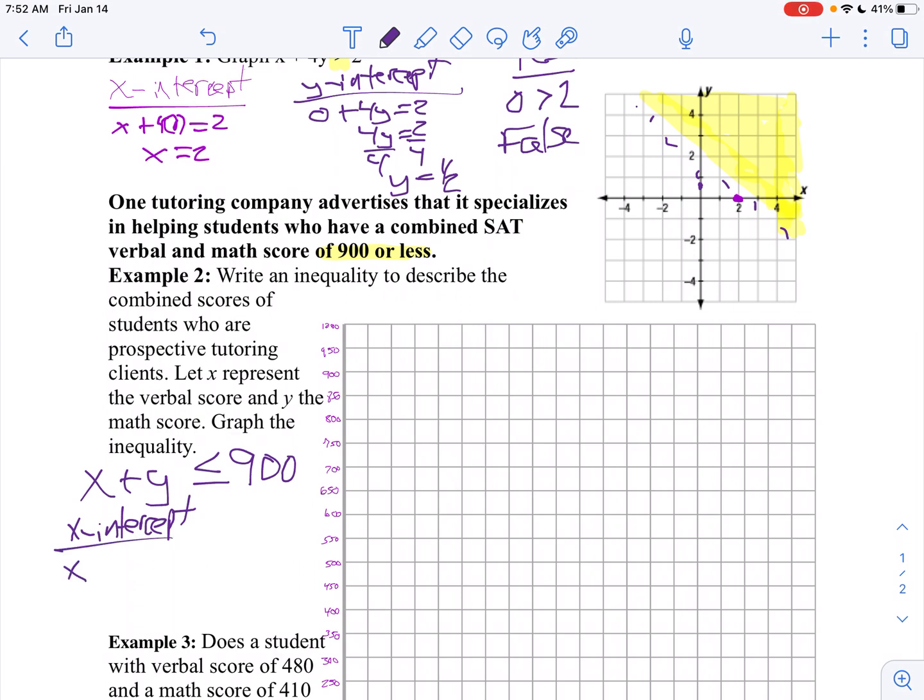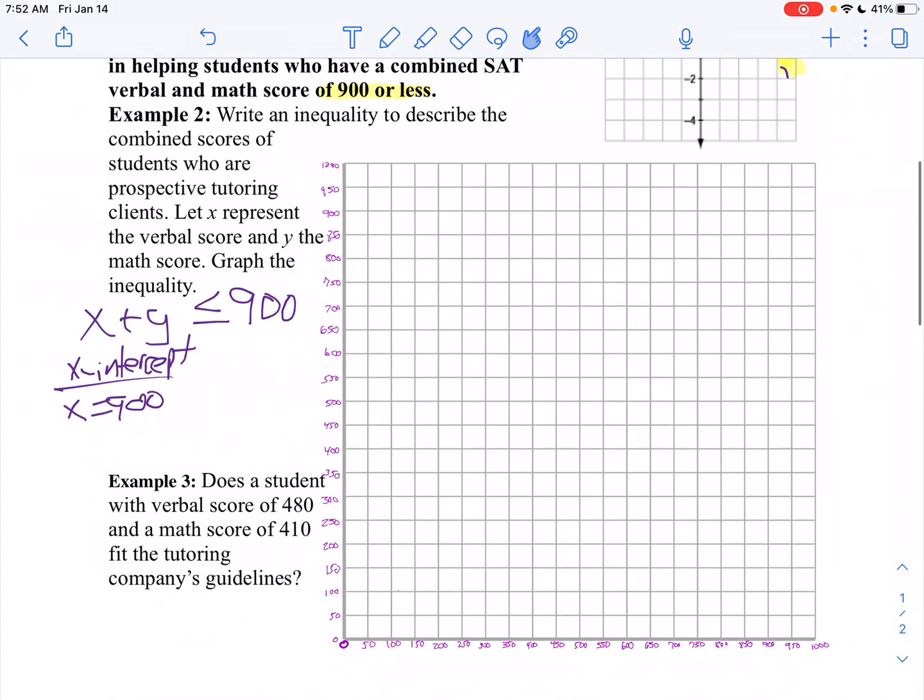So x equals 900. I'll do the same thing for the y. Notice your x and y are counted up to 1,000, counted by 50s. So my x-intercept is 900, my y-intercept is 900, and then I'm going to connect these with a solid line because it includes it.